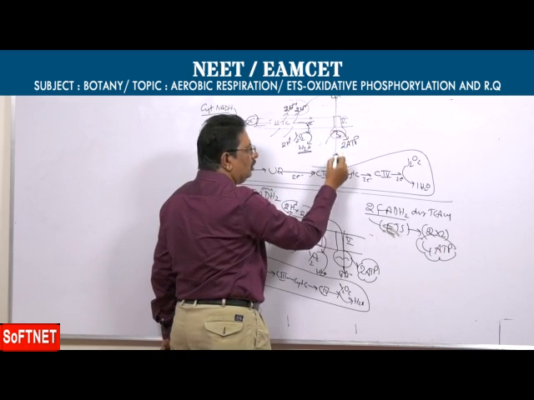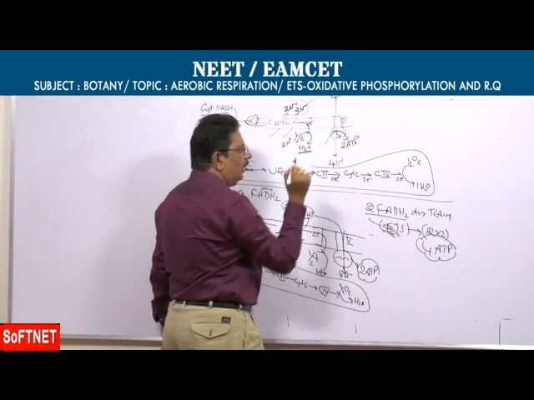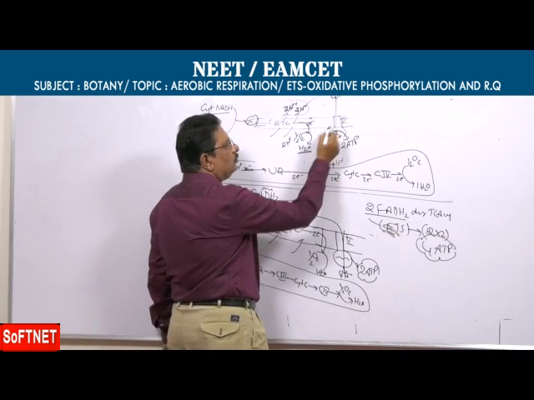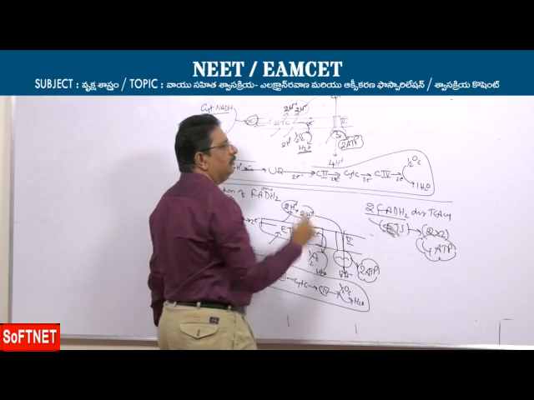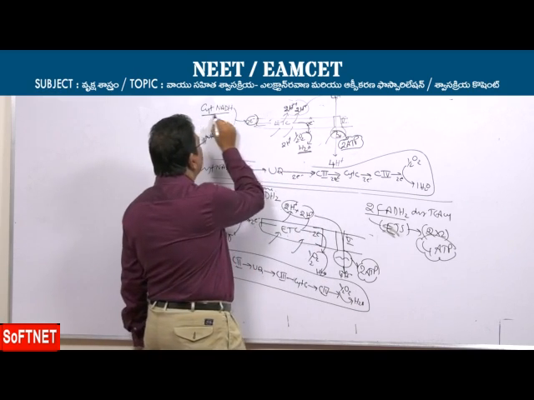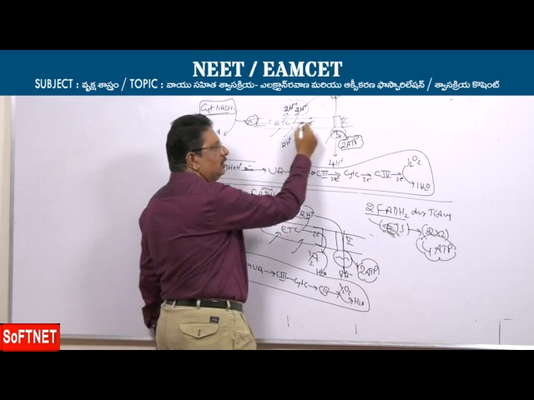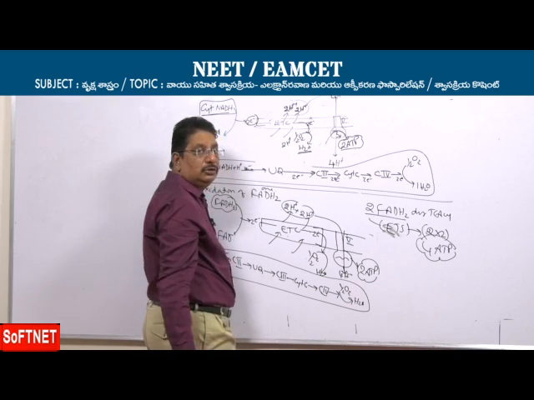Those 4 protons are pumped back into the matrix via complex 5, which yields 2 ATP. So, 1 cytosol NADH oxidation yields 2 ATP.